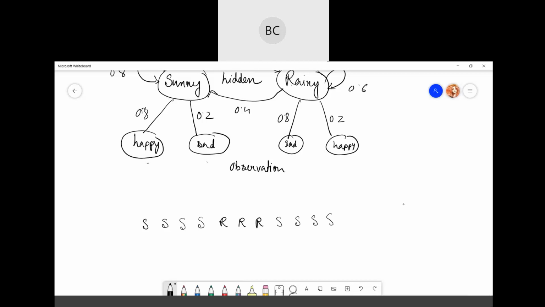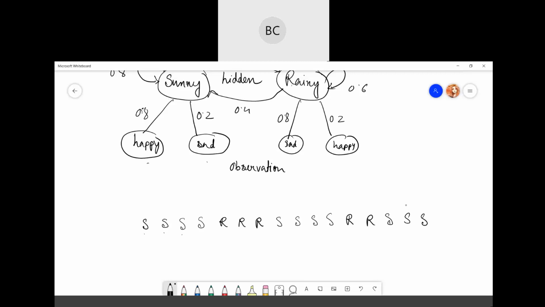Then we have again rainy days, rainy, rainy, and then again sunny, sunny, and sunny. Okay. So how to find the probabilities? How many steps do we have here?